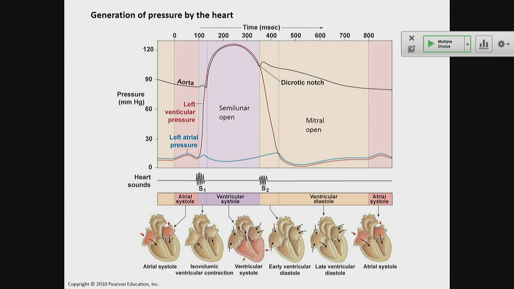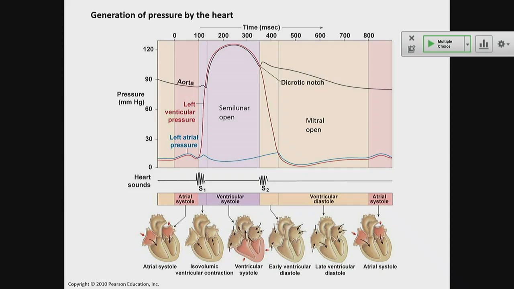And if we now put our information on the heart valves on top of this diagram, you can, of course, see that when the blood flows from the ventricle to the aorta, that's when the semilunar valve is open. So during this phase, when the blood is pushed into the aorta, the semilunar valve is open.